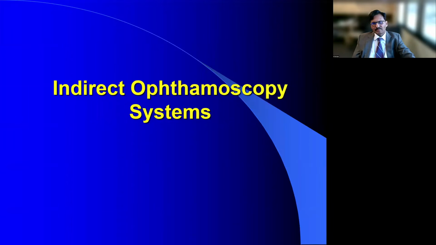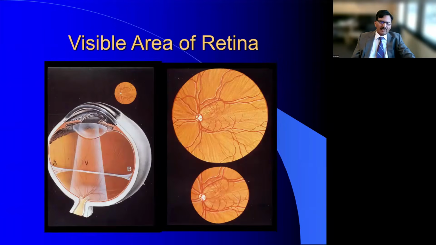Imagine the same thing like a handheld direct ophthalmoscope with an indirect ophthalmoscopy, which we use, which revolutionized the retinal practice starting in the mid-60s and early 70s, where you can now look at the peripheral retina using an indirect ophthalmoscopy system.